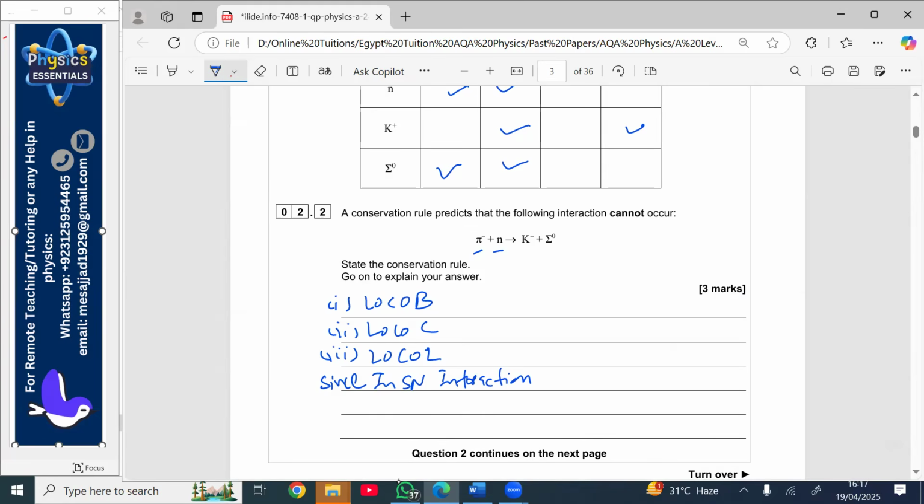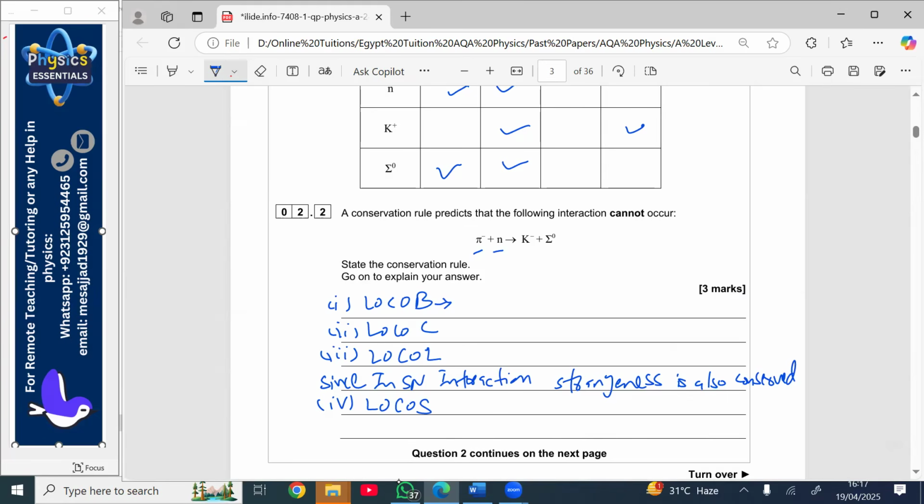It is not necessary that strangeness is conserved in weak interaction, but it is in the strong interaction. So I will have another one, which is called the law of conservation of strangeness.